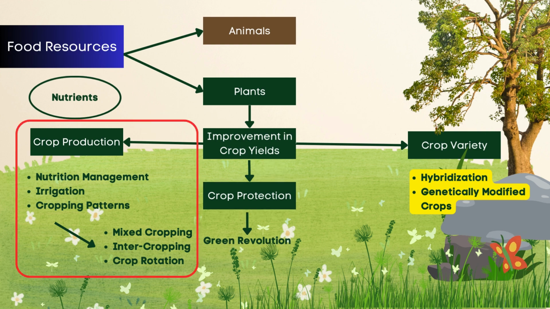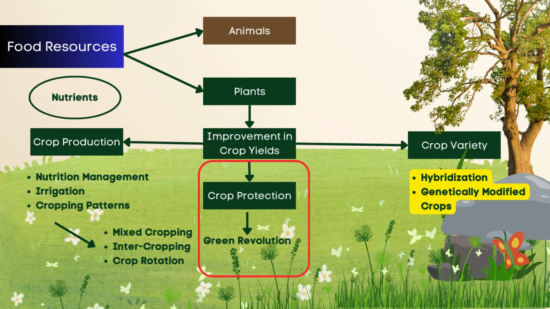Now let me explain about the crop production management, under which I will be explaining three important aspects. One is nutrient management, second is irrigation, third is cropping patterns. All these three are brought under the crop production management.